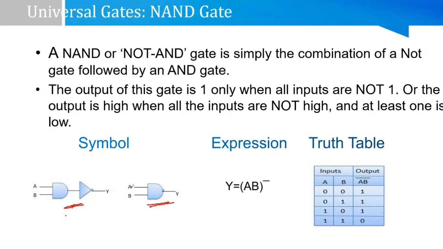Here you will be having two inputs, which means you will be having four possible combinations: 0, 0, 0, 1, 1, 0, 1, 1. What is the output when both the inputs are at a low?